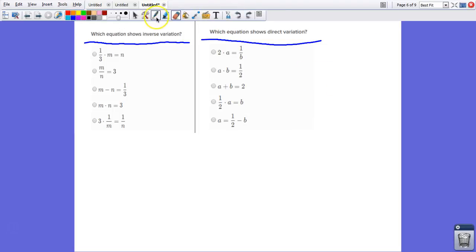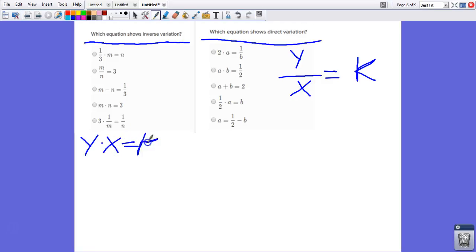Our direct variation means that every time we take y and divide it by x, this is why we got to study this stuff, we're going to get our constant of variation, right? And then over here, if we take our y times our x, we will get our constant of variation.